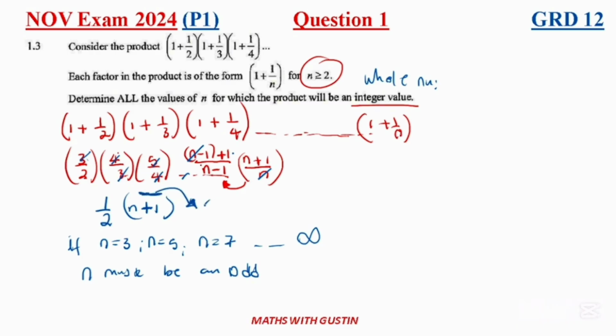Therefore it's going to be able to be divided by 2. So that's how you would deal with a question like this one, guys. You can just say n must be an odd number up until infinity, therefore to ensure that the product can be divided by 2, and therefore it will make this an integer.